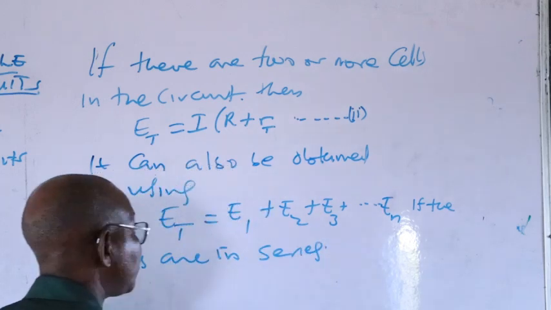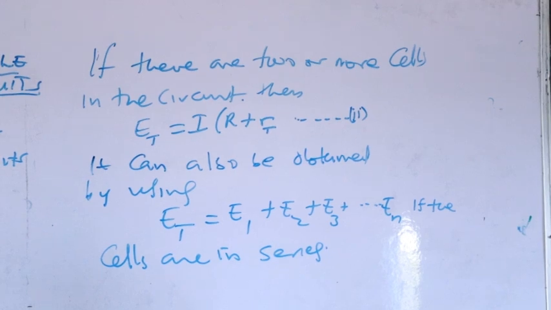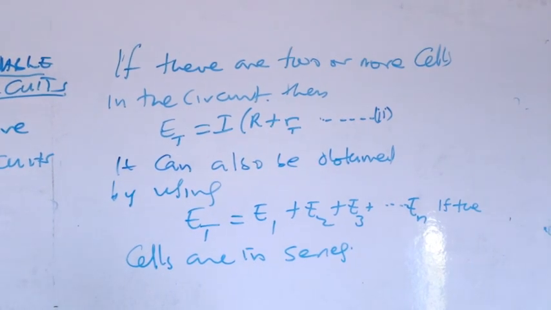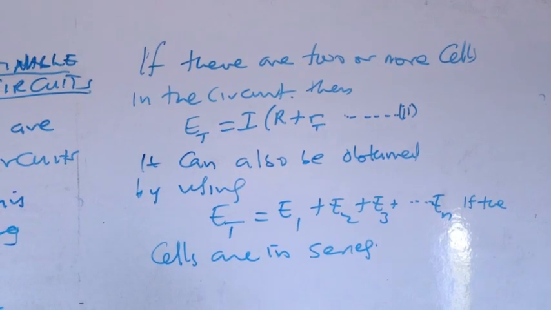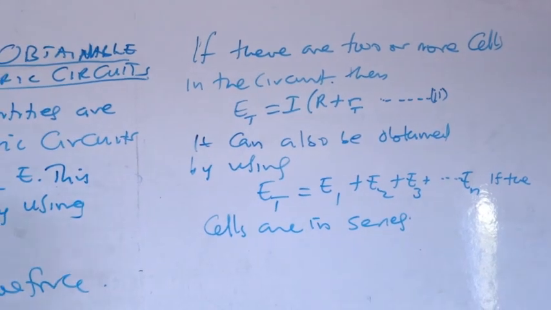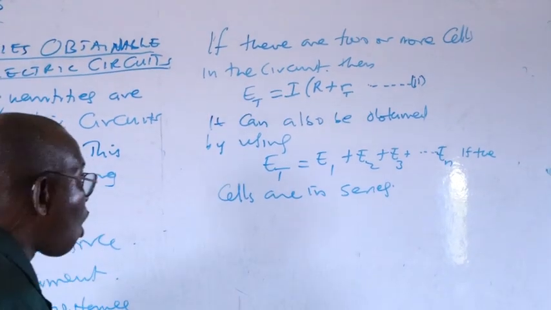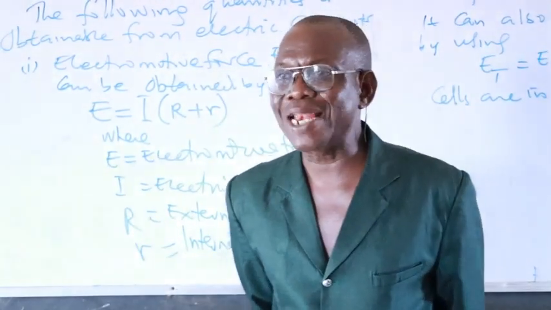If you arrange the cells in series, then we add up the electromotive force of each of the cells to obtain the total electromotive force in the circuit. So it depends on the arrangement of the cells that will determine how you are going to combine the electromotive force of all the cells. But for sure, if you arrange them in series, you are going to add them together.